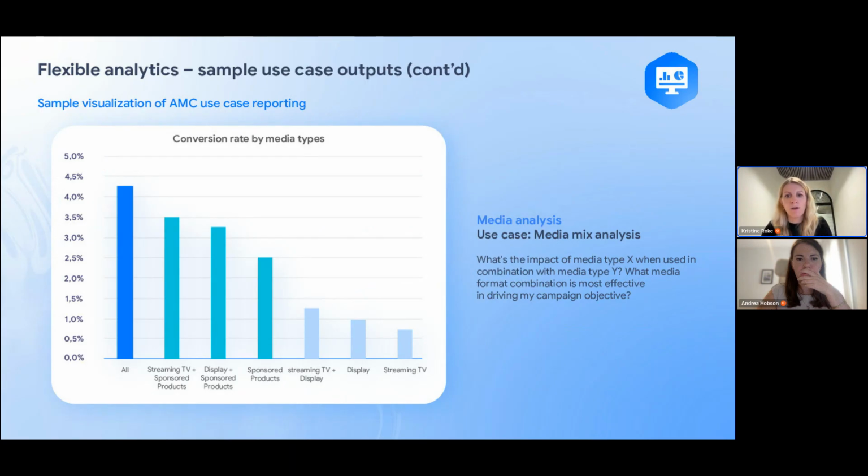Test a new cross-format sequencing, for example, leading with streaming TV for awareness and reinforcing with sponsored products for conversion. We can also use AMC Audiences Insights to identify overlapping exposure and build audiences that have interacted with one format, so we can also retarget them with another format.